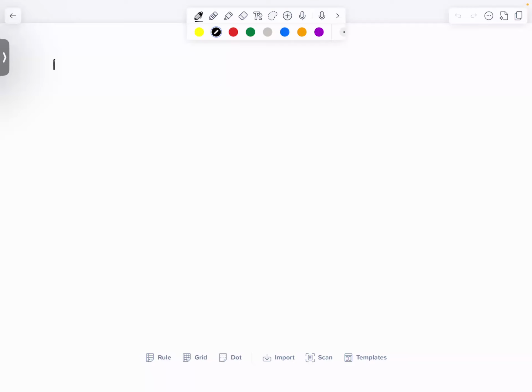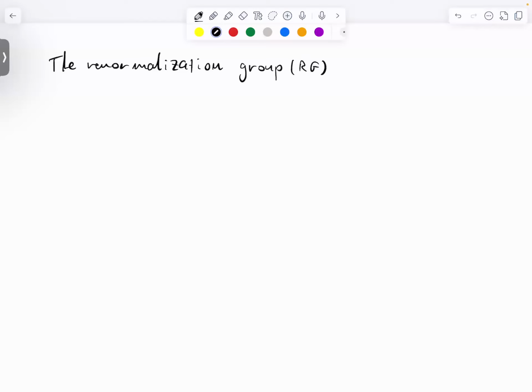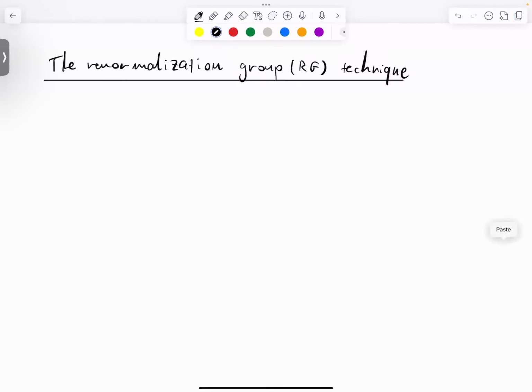is, okay, let me write the renormalization group, RG. So the basic idea is that we have a theory, let's call it S, with some couplings, let's call them J, okay?